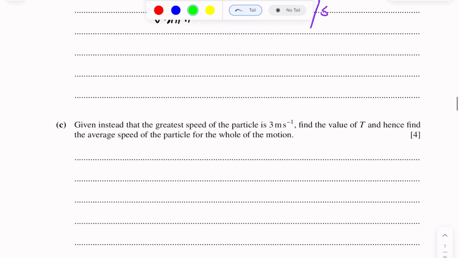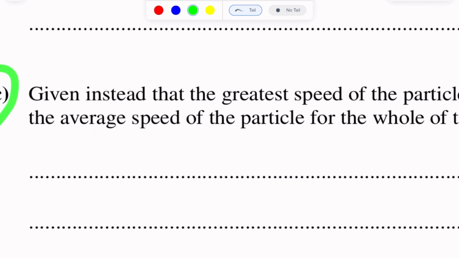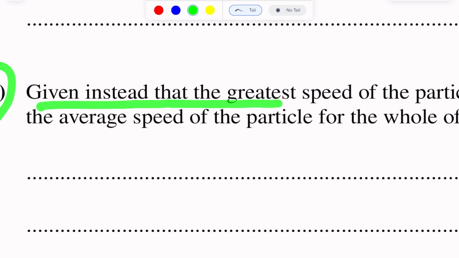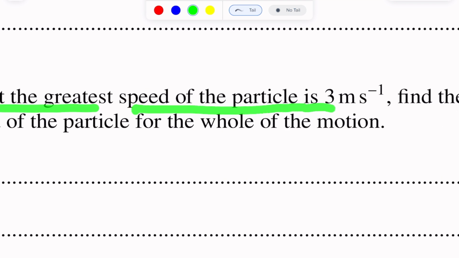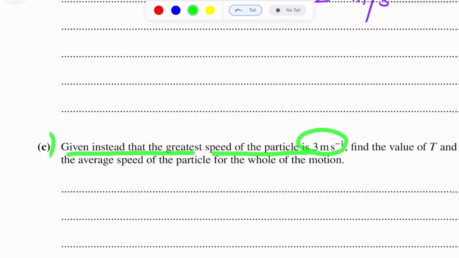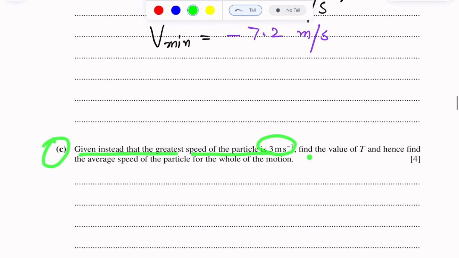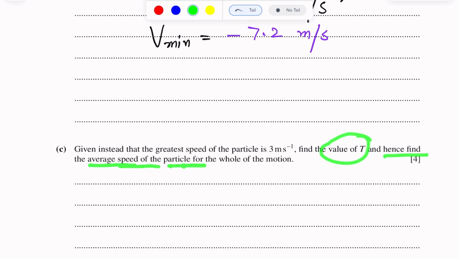So the next part of this question, part C: given instead that the greatest speed of the particle is 3 meters per second, find the value of t, and hence find the average speed of the particle for the whole of the motion.